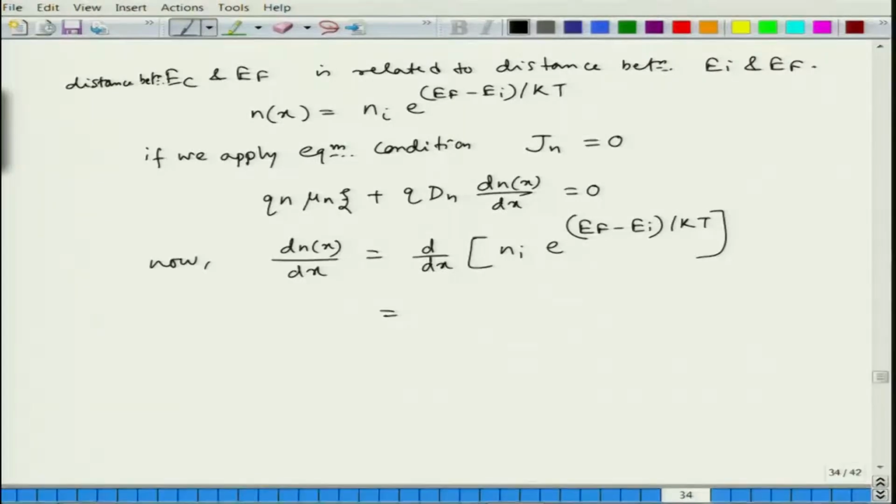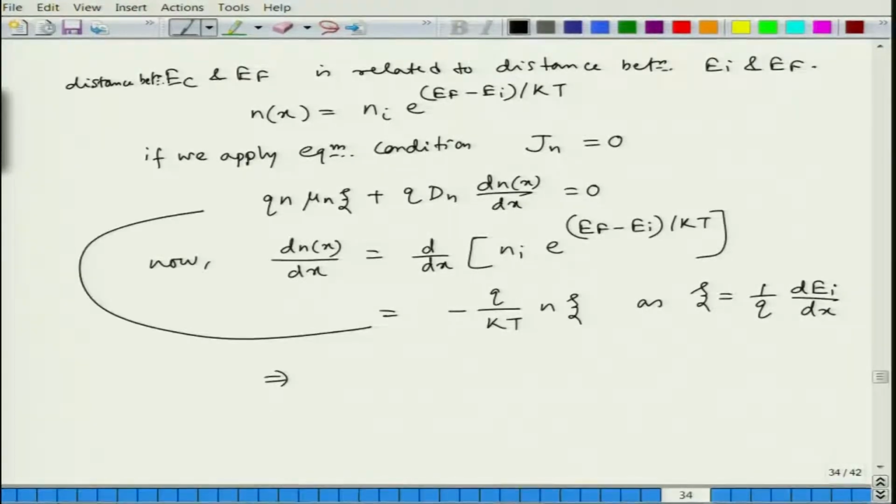So, this is minus q by kT into n ξ, as ξ we have defined it to be like this.